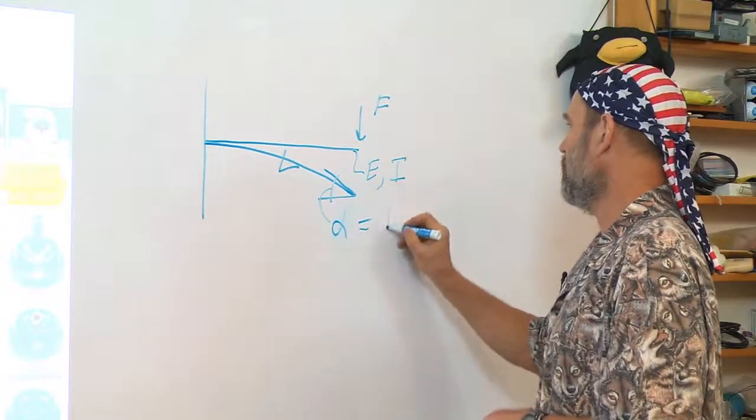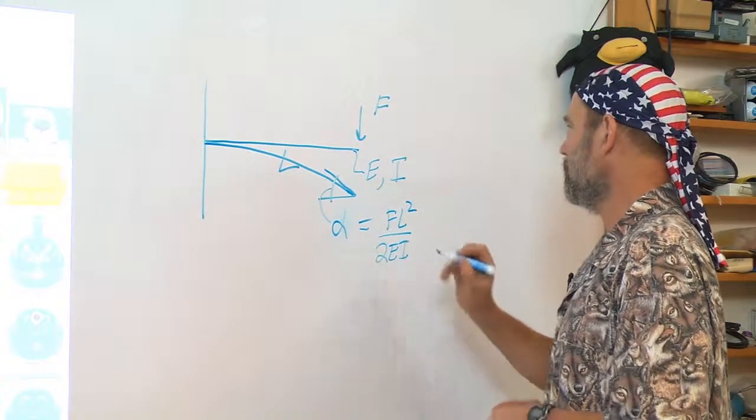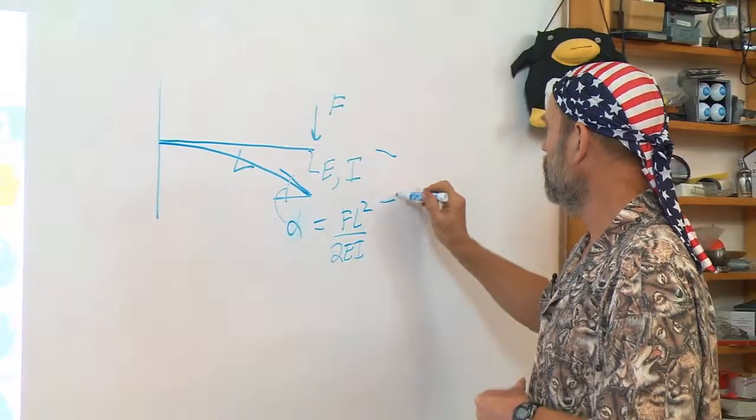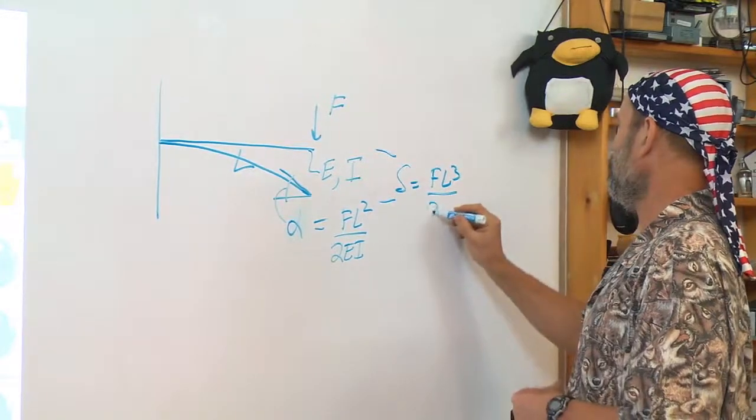Alpha equals FL squared over 2EI. The deflection, delta, is going to equal FL cubed over 3EI.